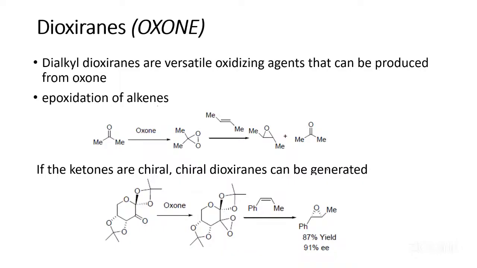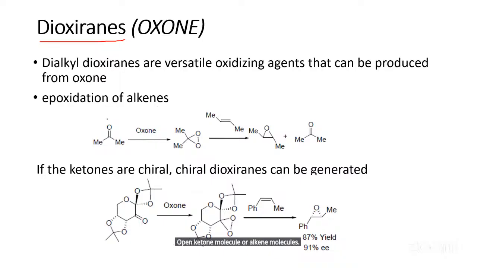With all these oxidizing agents, another oxidizing agent that researchers focus on is Oxone. Actually, Oxone is used in the form of its dioxirane, which is a versatile oxidizing agent used in the conversion of ketone molecules or alkene molecules.